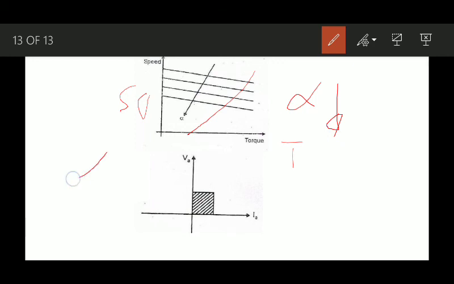Alpha and speed are inversely proportional. You can see this from the graph. With a large firing angle, obviously the output voltage will be less, so the speed is less. With a small firing angle, the speed is more at that time. These are the graphs between speed and torque with respect to the firing angle.